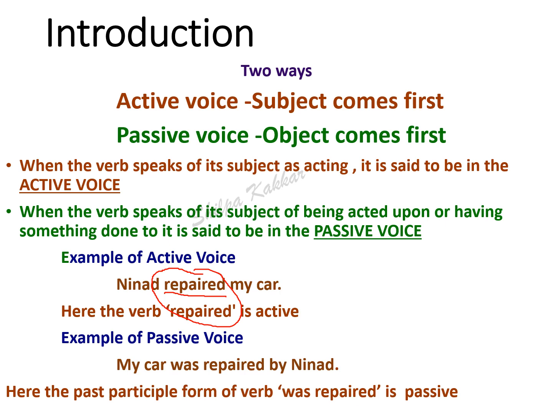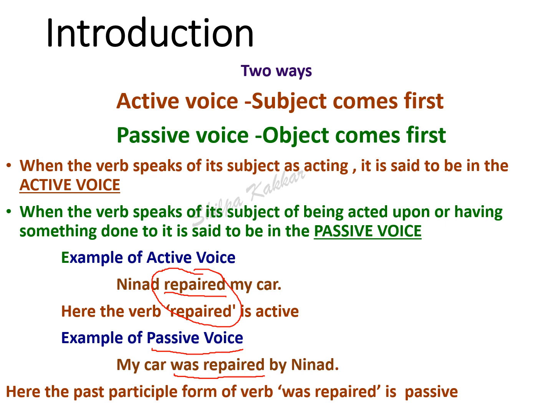When we turn this same sentence into passive voice, repaired will remain the same, but it is in the verb 3 form. That is, my car was repaired by Ninad. Here, was repaired shows that the sentence is in the passive voice.